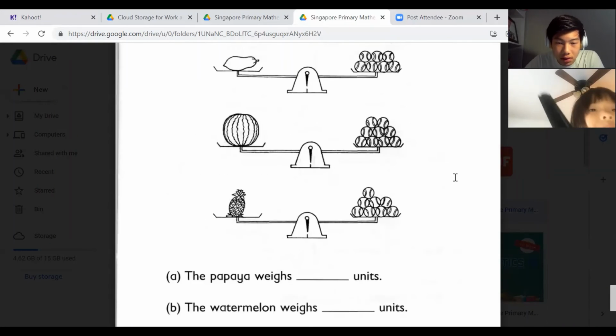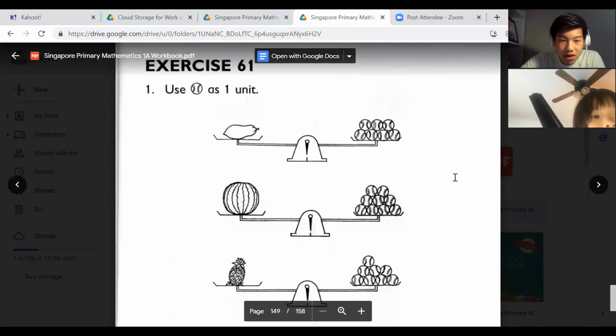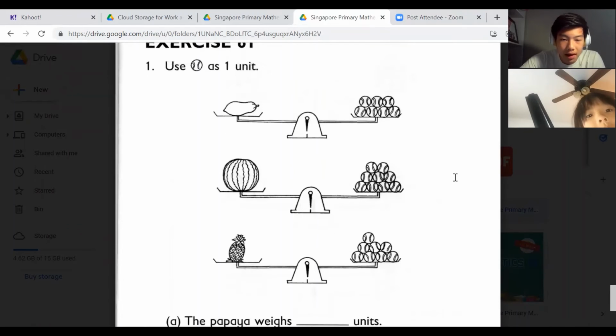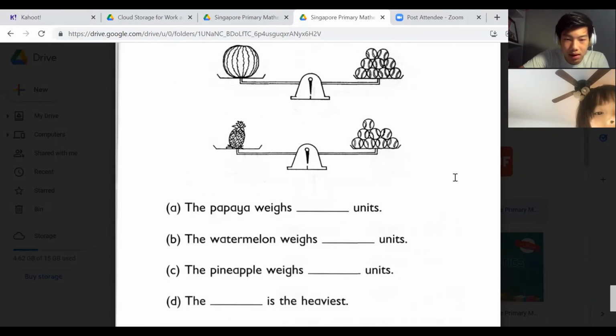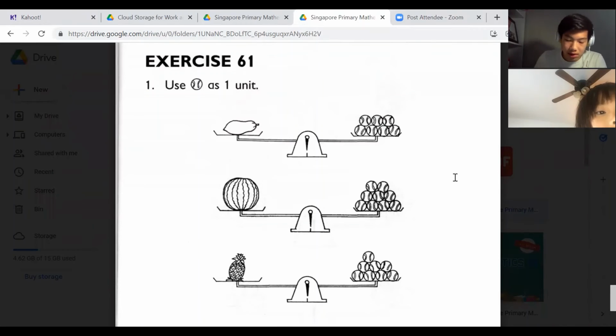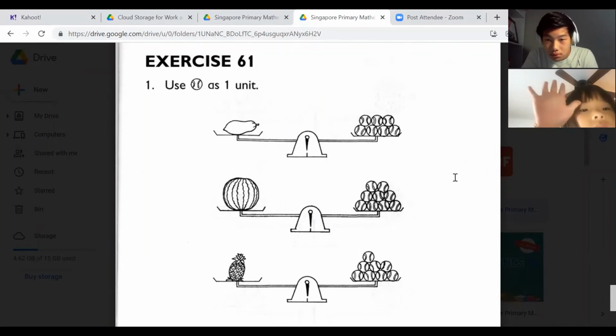How much does the papaya weigh for the first one? 7. 7, perfect. What about the watermelon? How much does the watermelon weigh? 9. 9, perfect. Okay, and what about the pineapple?